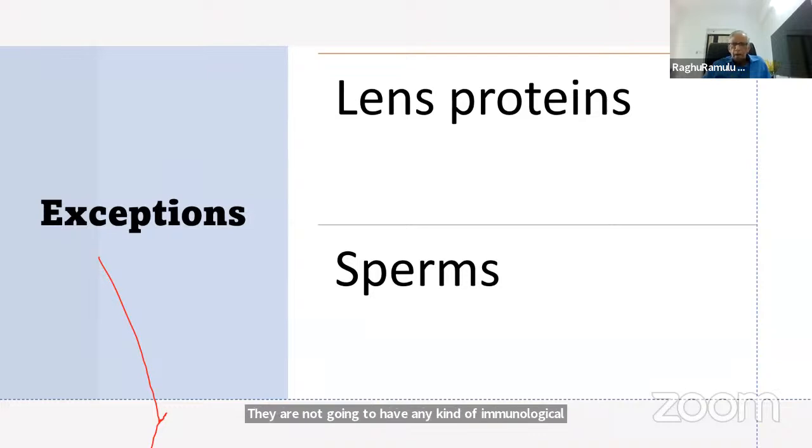Now, let us come to how an antigen is processed, because we said antigens are of different types. These antigens enter into the body by the oral pathway, by the nasal pathway, and there is the secretory pathway. We usually call them secretory pathways as far as antigen-antibody secretions are concerned.